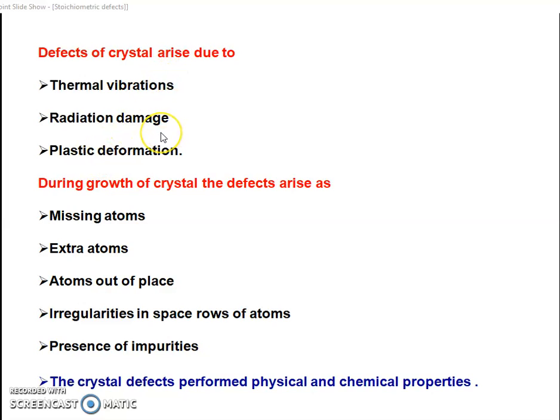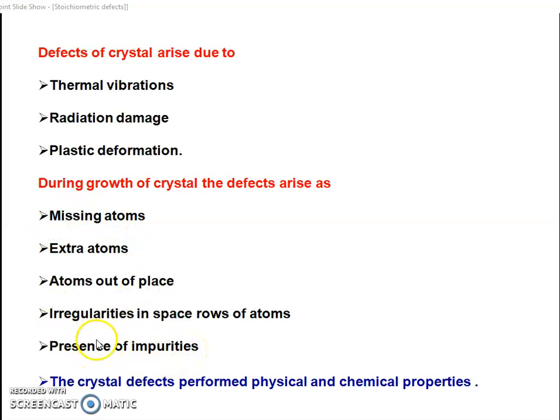Imperfection also occurs during the growth of crystals, like crystallization, such as missing atoms, extra atoms, atoms out of place, irregularities in the spacing of rows of atoms, and presence of impurities.